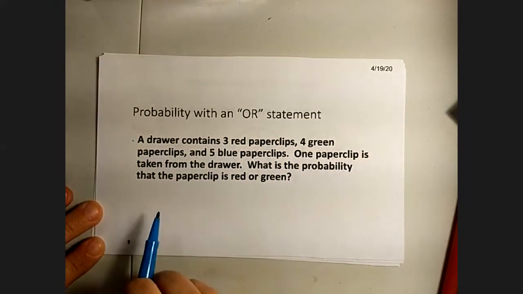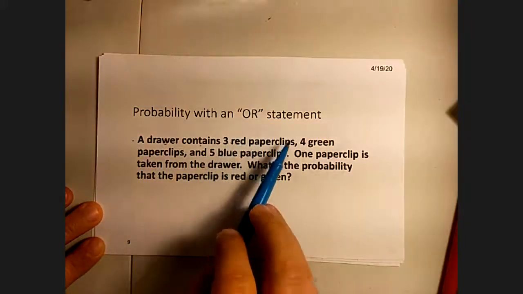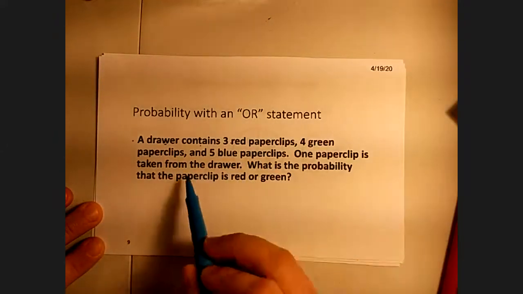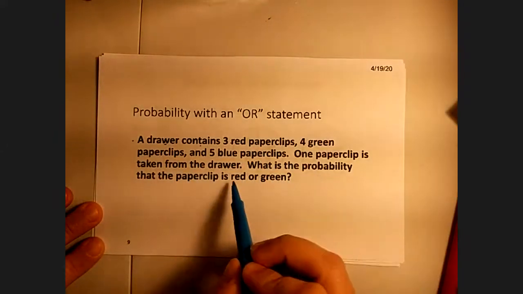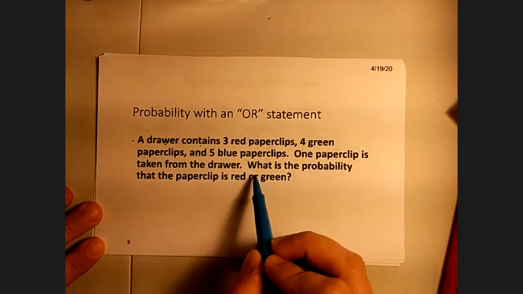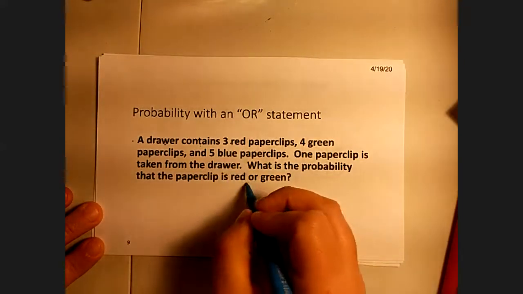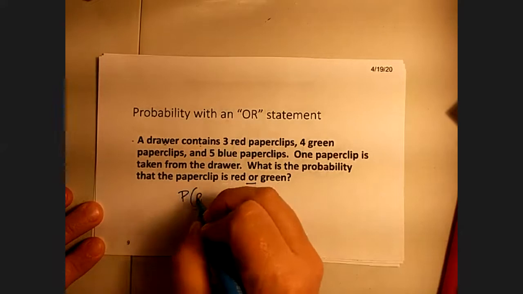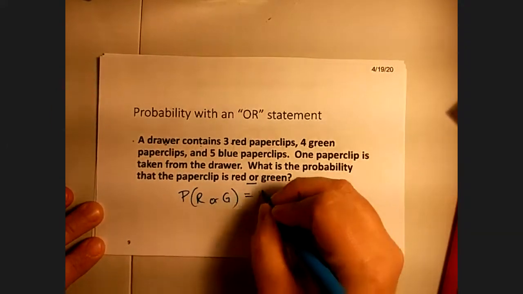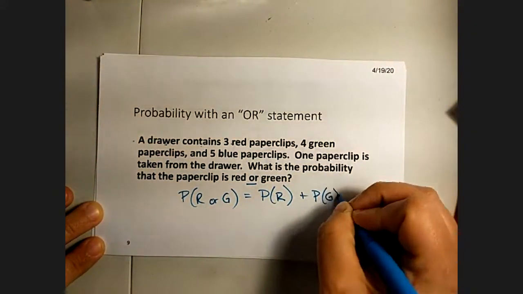Probability with an "or" statement. A drawer contains 3 red paper clips, 4 green paper clips, and 5 blue paper clips. One paper clip is taken from the drawer. What's the probability that it's red or green? When I read this, I know red and green don't share anything. So I'm looking for the probability that it's red or green, and I'm going to add the probability that it's red to the probability that it's green.